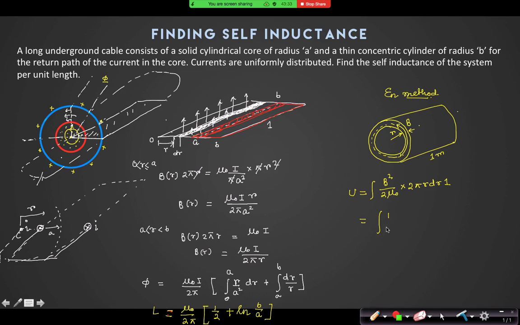So the first one is 1 by 2 mu naught into (mu naught I r divided by 2 pi a square) whole square into 2 pi r dr, from r equal to 0 to A. And the second one is 1 by 2 mu naught into (mu naught I by 2 pi r) whole square into 2 pi r dr. Yes or no?